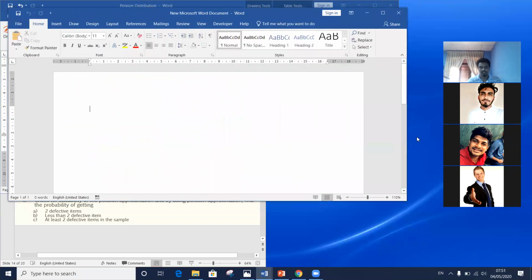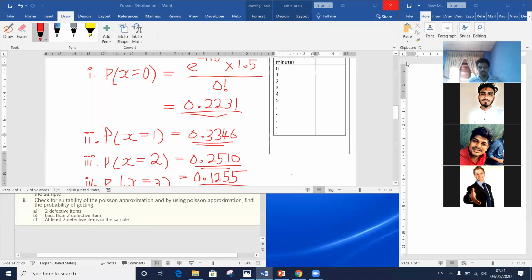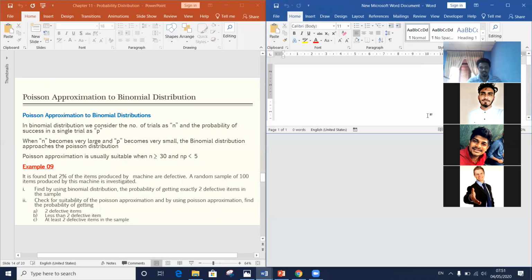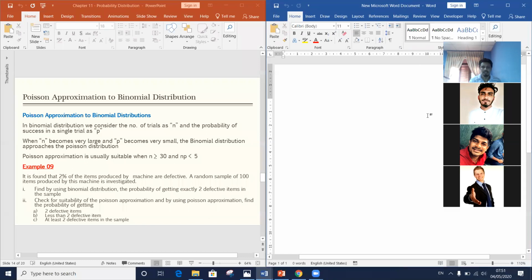It means that whether we use the binomial probability distribution or the Poisson probability distribution, there will not be a significant difference. There are certain conditions that need to be satisfied to do so.